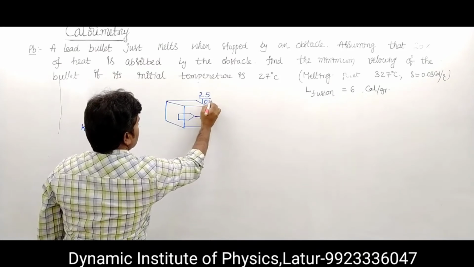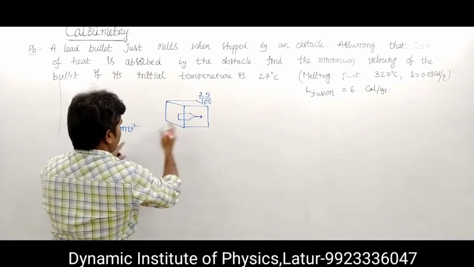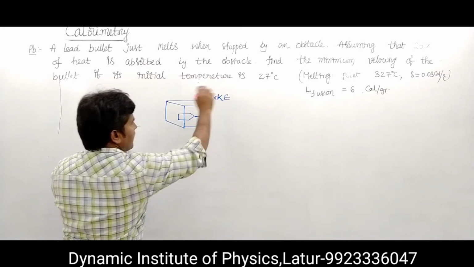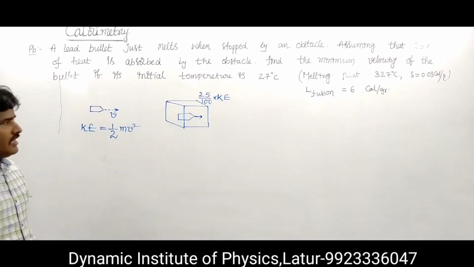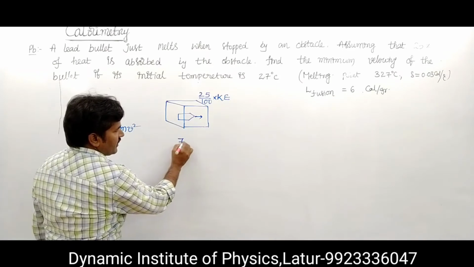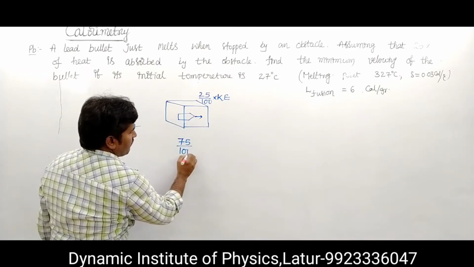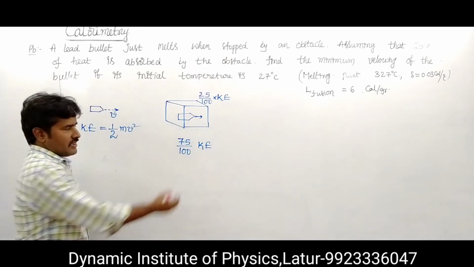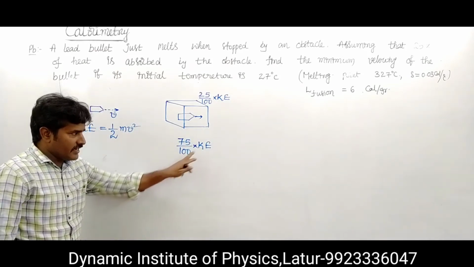That means the total energy is half mv square. 25% of the kinetic energy is absorbed by the obstacle, and the bullet retains 75% of the kinetic energy.